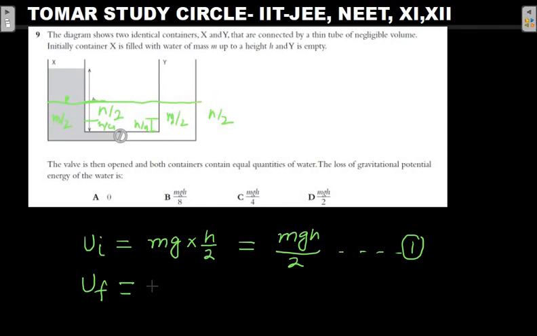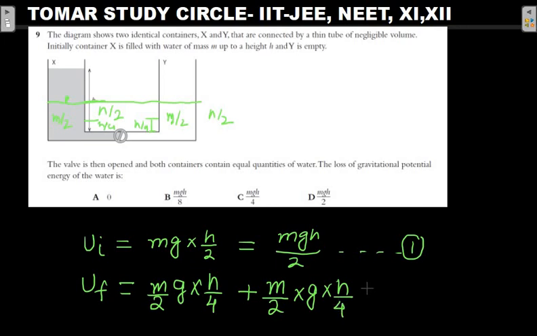That can be written as m by 2, since the mass of the water in container X is m by 2, into g multiplied by height. Height in this case becomes h by 4, plus similarly the mass of the water in container Y will be m by 2 multiplied by g multiplied by height. Height in Y will also be h by 4.